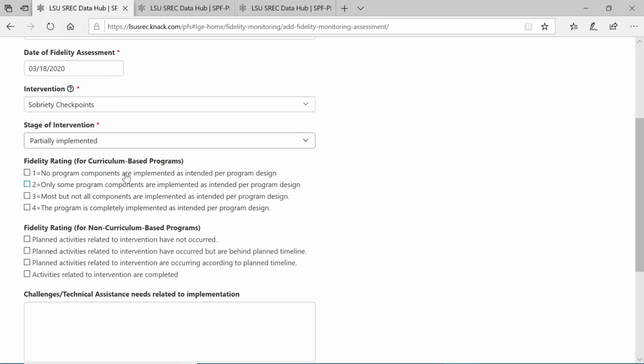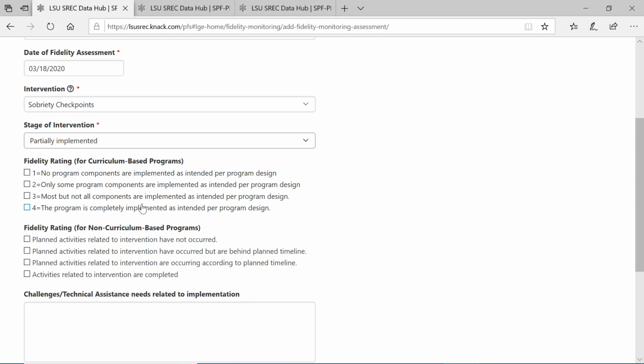We're not going to worry about this first one, the fidelity rating for curriculum-based programs, because sobriety checkpoints aren't a curriculum-based program. If it was a life skills program that we were doing our fidelity assessment on, that's what we would fill in here. And we would check whether no program components were implemented, only some were implemented, most but not all are implemented, or it was completely implemented.